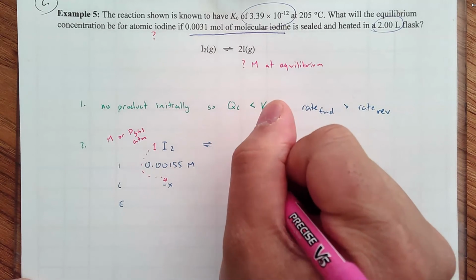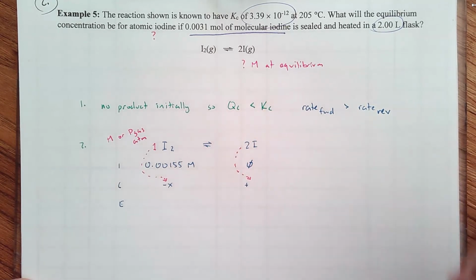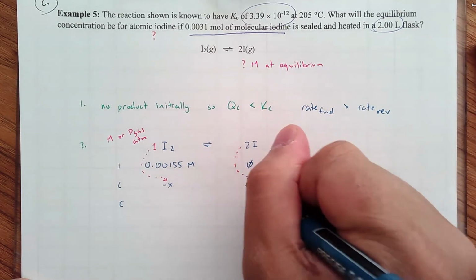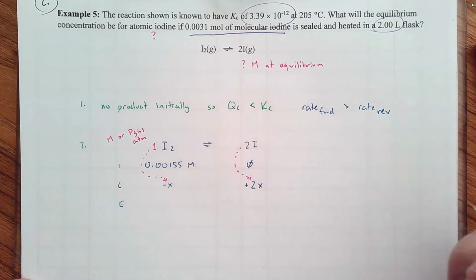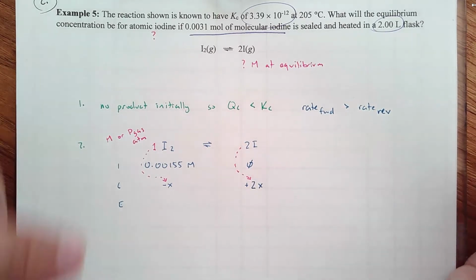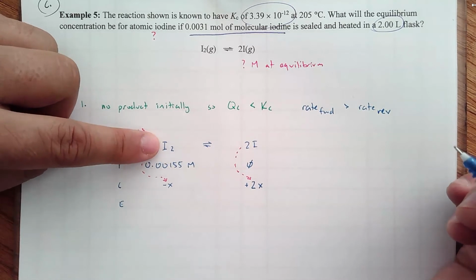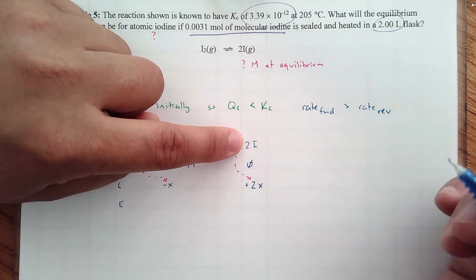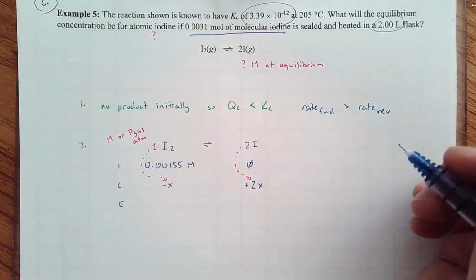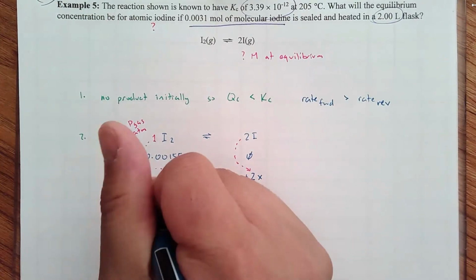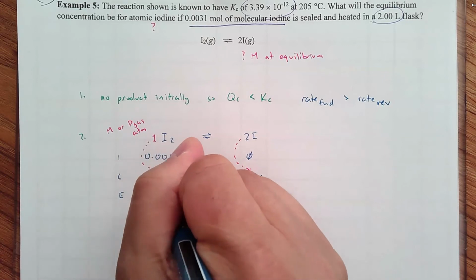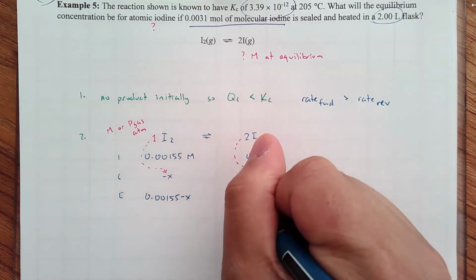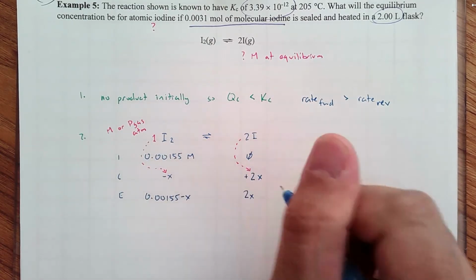Well, we have a 2 here. So that's why we're going to multiply by 2. So we're adding 2x. And that makes sense because for every molarity of I2 I lose, I gain 2 molarity units of x. Equilibrium: 0.00155 minus x. And then here we have 2x.